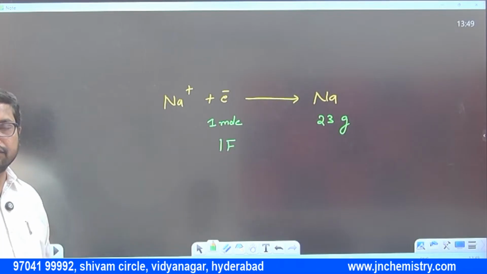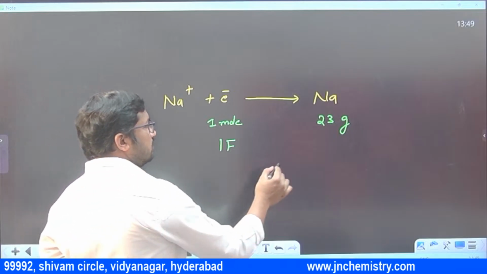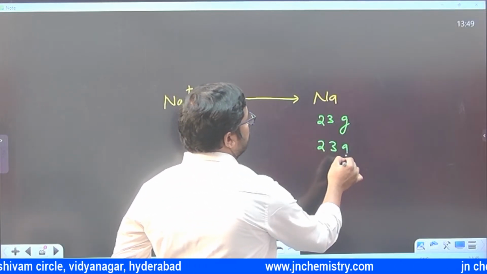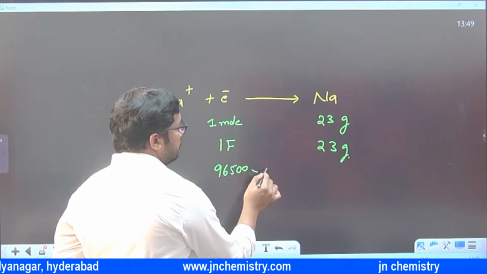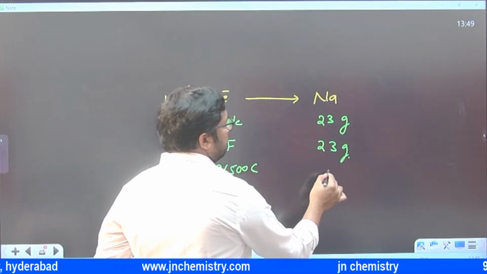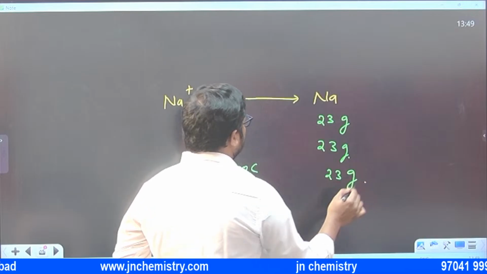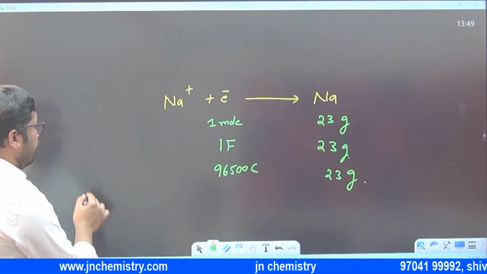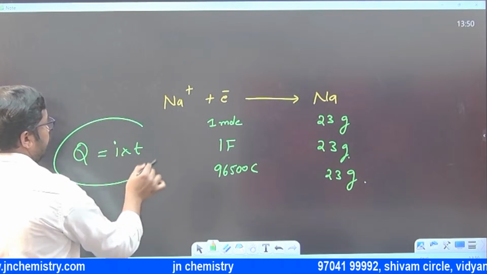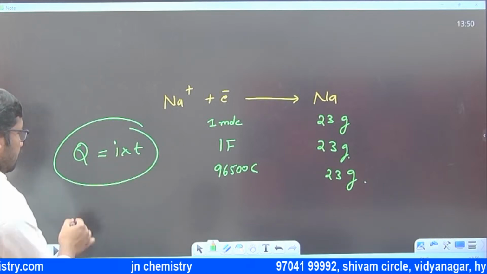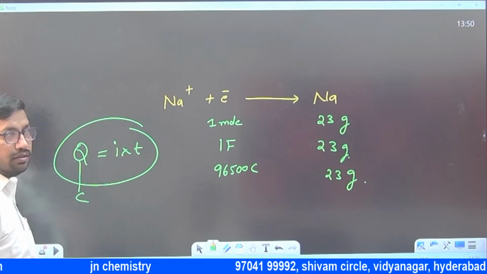So 1 Faraday gives 23 grams, or 96,500 coulombs gives 23 grams. Coulombs means Q, and Q is equal to I into t. Q we take in coulombs. This is important.